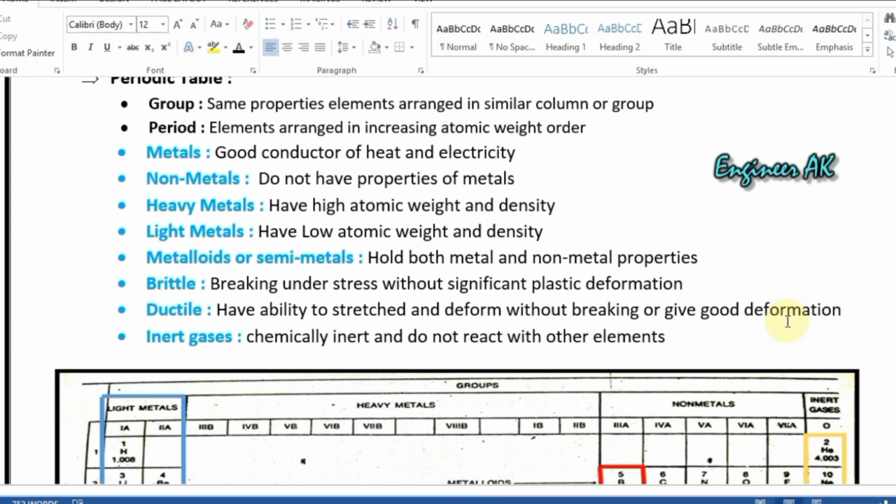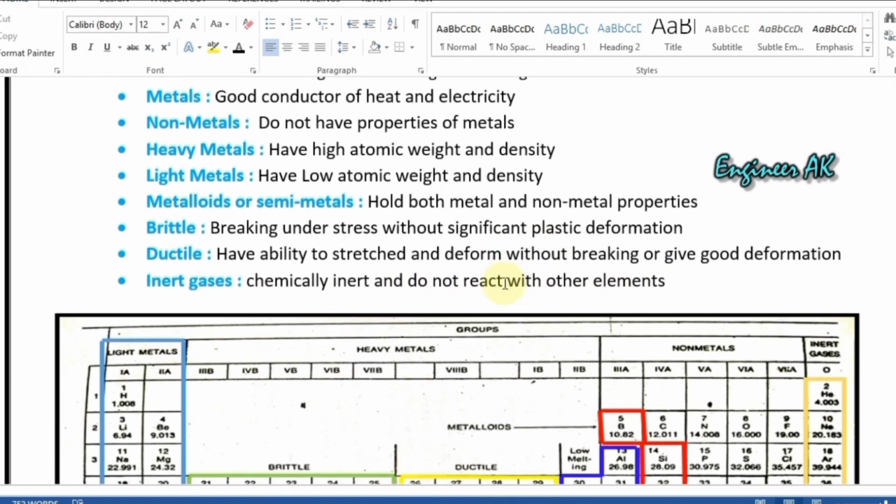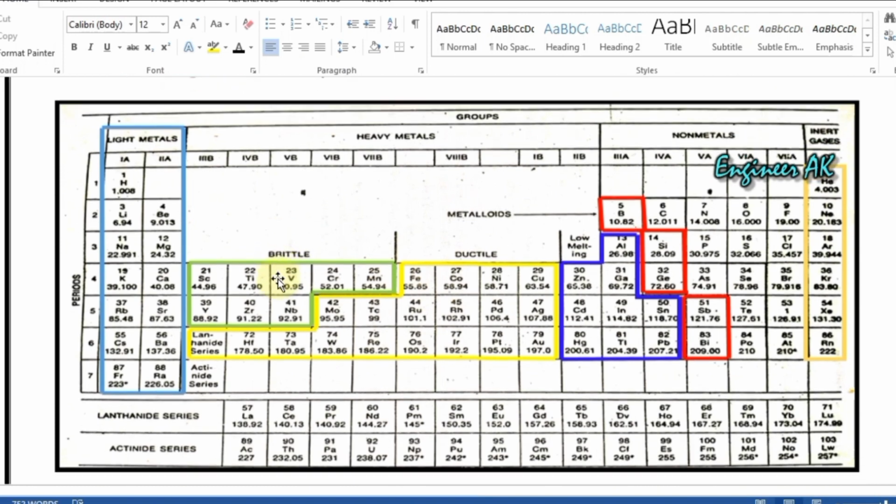So it holds quite good energy till the rupture point, right? Now inert gases are chemically inert and do not react with other elements, right?